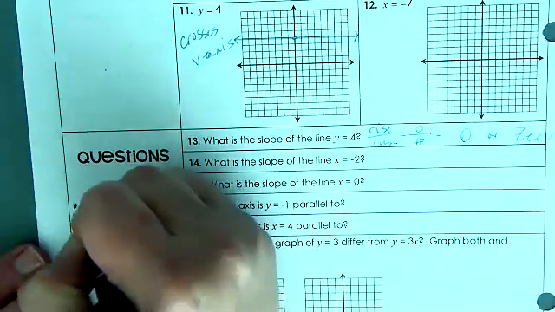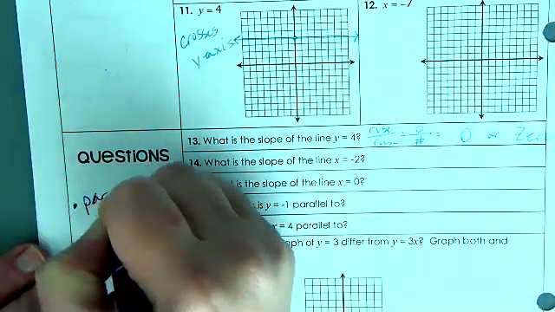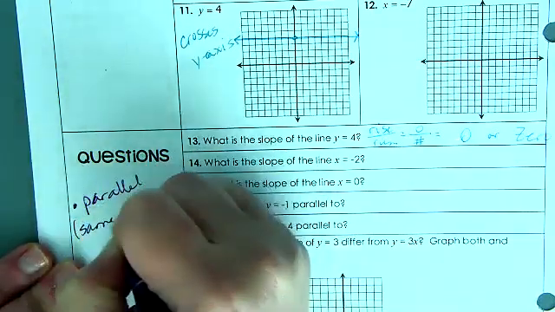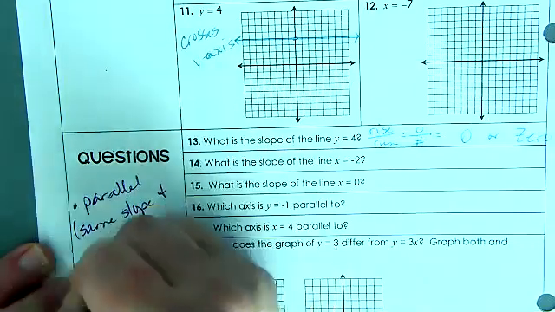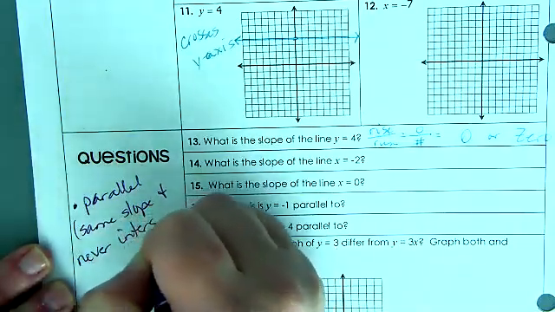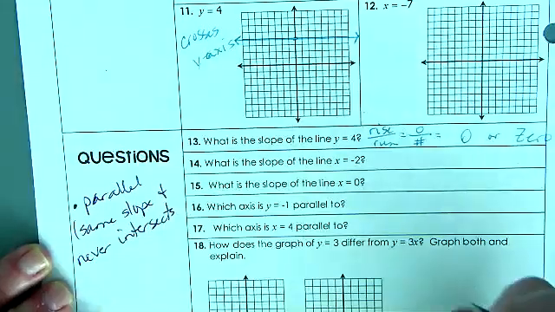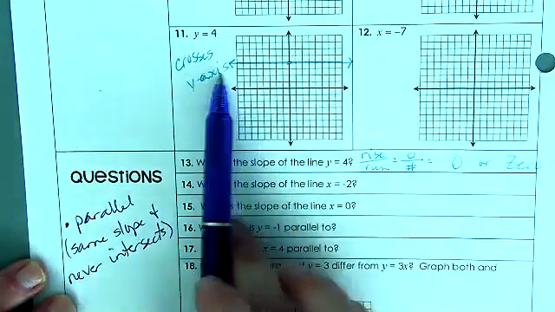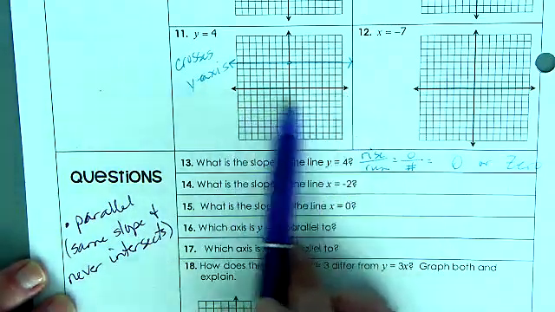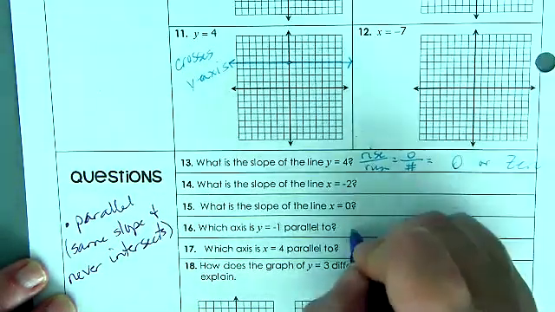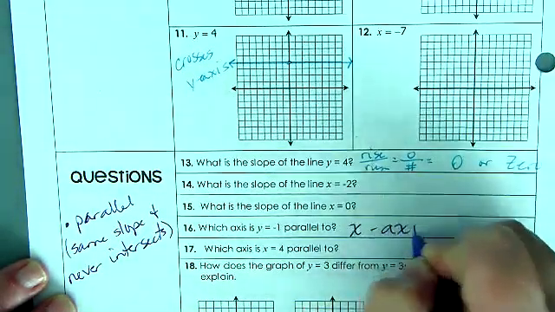If we don't remember, parallel has the same slope and never intersects. So if it goes across like y equals 4, because y equals -1 is just going to be down here, the one that it's going to be parallel to is going to be the x-axis.